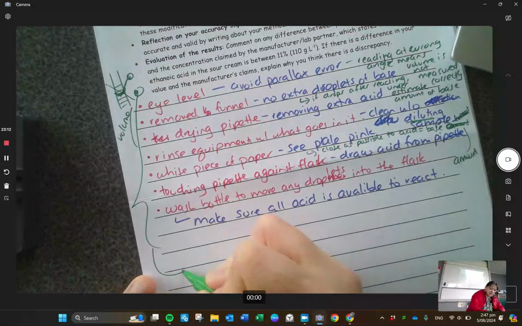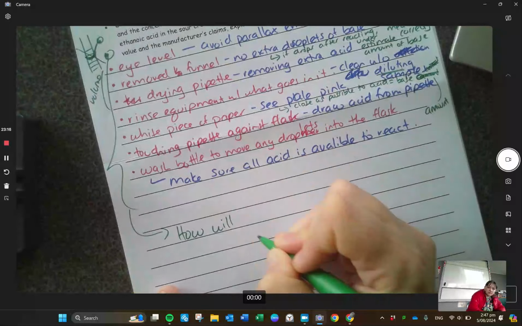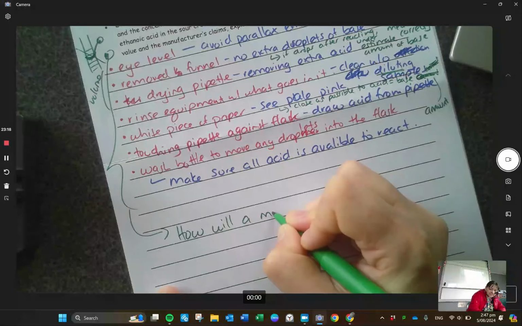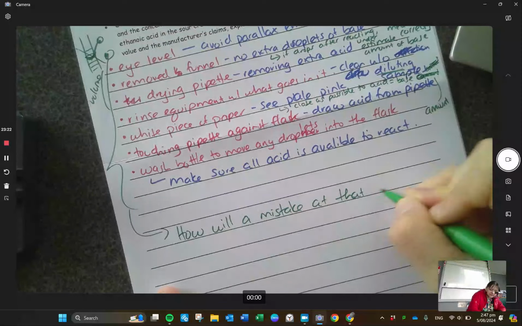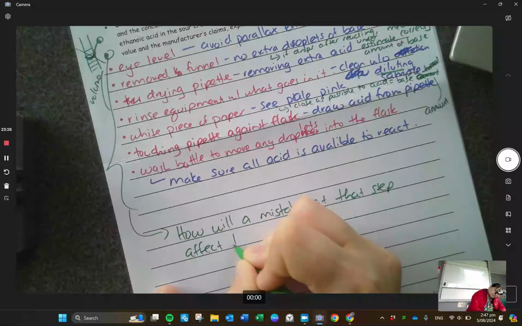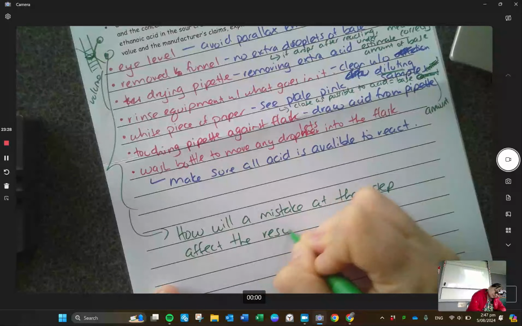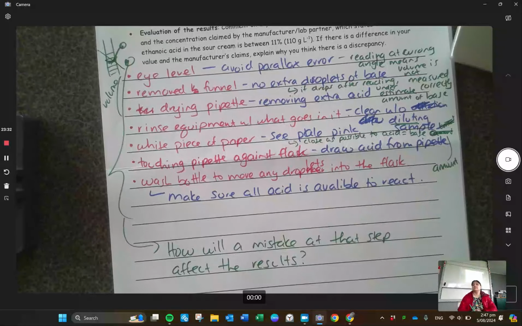So what you're thinking about here is how will a mistake at that step affect the results? Basically, it ties into wrong volume. Let me start over.